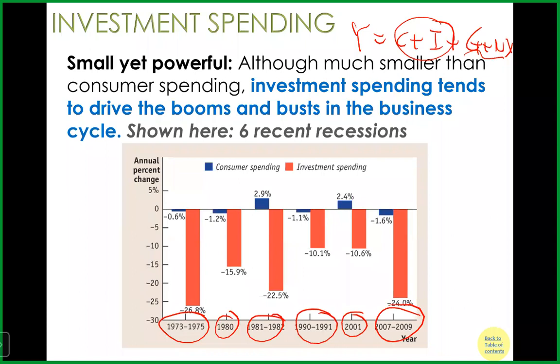Why would we put them together? What happened during those 6 episodes? Recession. Yes, actually, those are the 6 recessions the US economy experienced. So in a recession, there is a change in consumption and investment. Usually both decline, right? But by looking at the magnitude in percentage, you can see there's a much more violent change in investment compared with consumption.